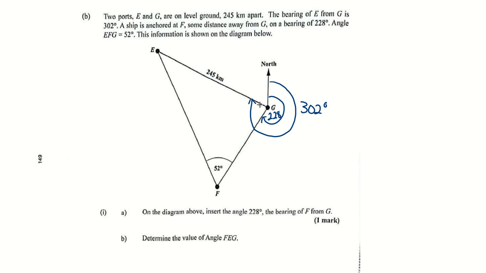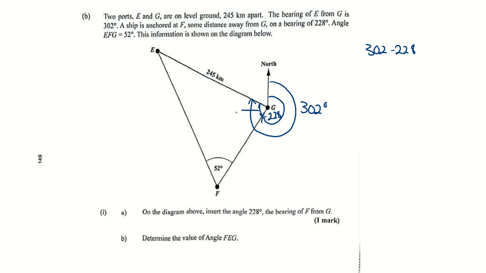So we can find the difference between these two: 302 subtract 228 is 74. So that angle there is 74. Do we understand that so far? Anything confusing about this?